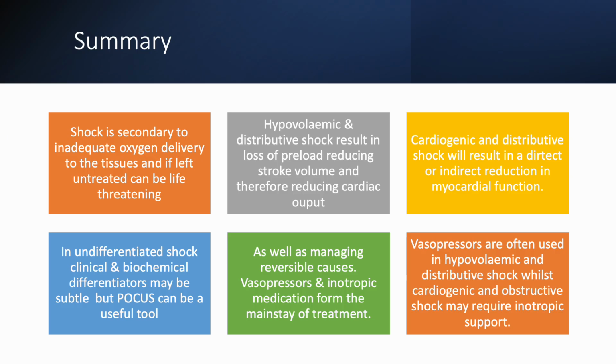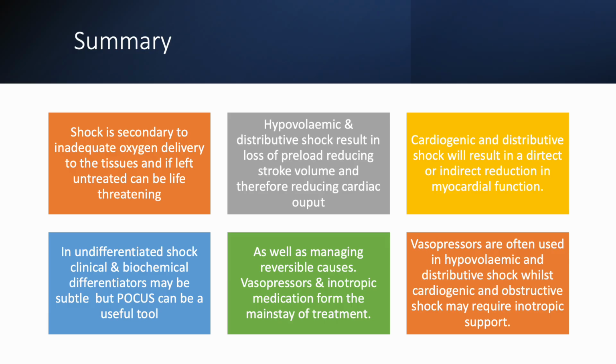So to summarise, shock is secondary to inadequate oxygen delivery to the tissues, and if left untreated can be life-threatening. Hypovolemic and distributive shock result in loss of preload, reducing stroke volume and therefore reducing cardiac output. Cardiogenic and distributive shock results in a direct or indirect reduction in myocardial function.